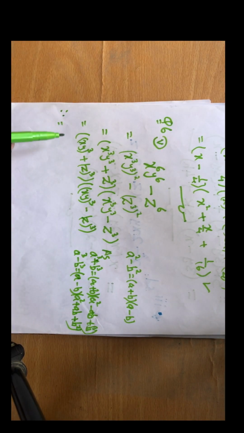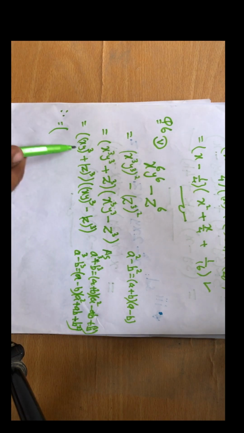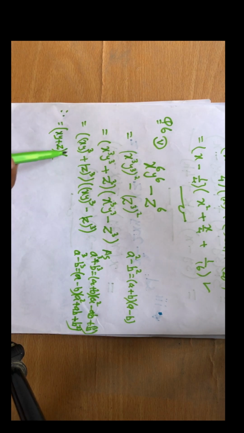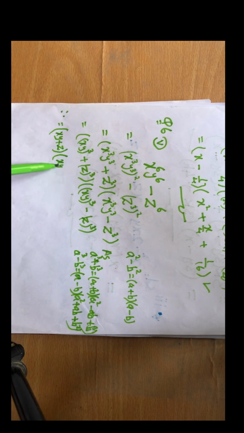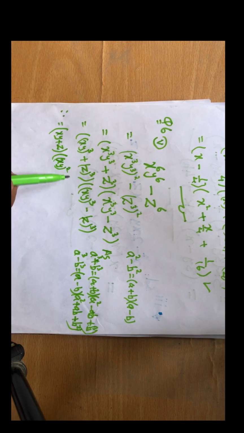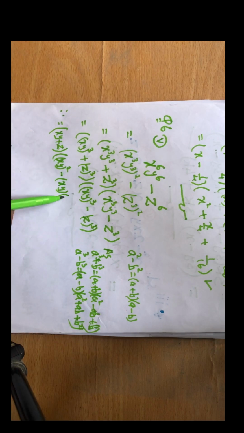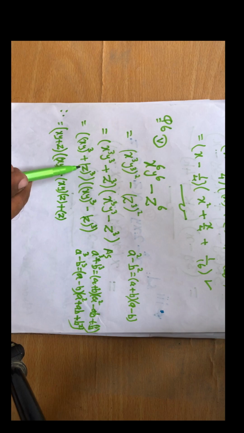So we can write this one: x cube plus z cube, it means we can write xy plus z into xy square minus, a is our xy right now and b is our z, plus z square.